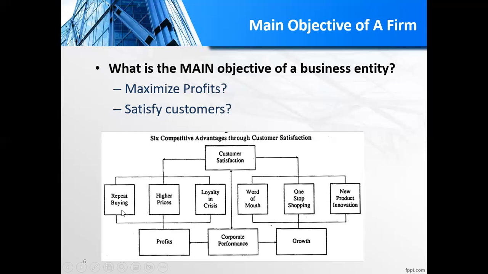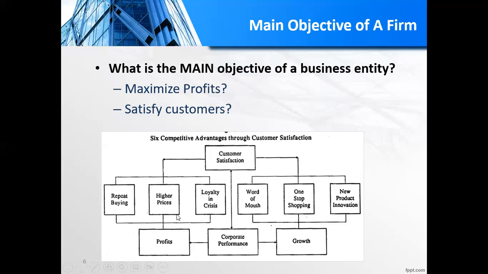It allows the firm to have repeat buyers. Okay, it's very costly to get customers. So of course, you need to promote your product, you need to do promotional activities. So it has a cost to the firm.